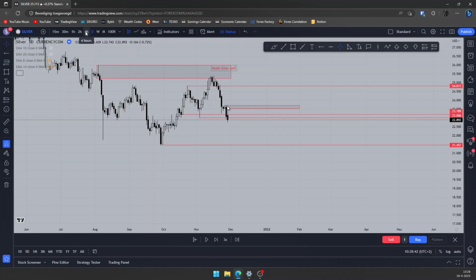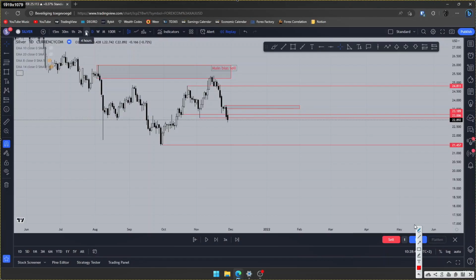And what I would recommend doing if you want to have the zones here, then start with something here. So you have this unmitigated part, this up move before this down move. And what I would recommend secondly is not looking at the zones from the impulse.